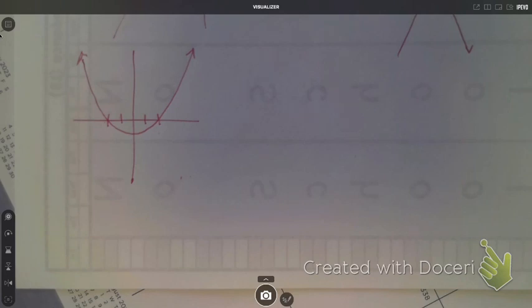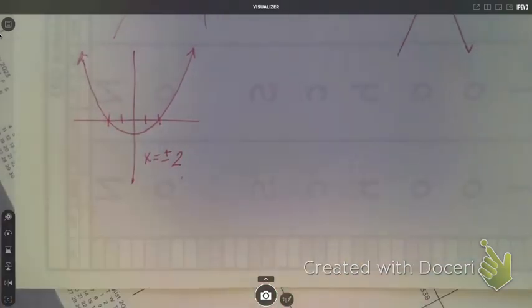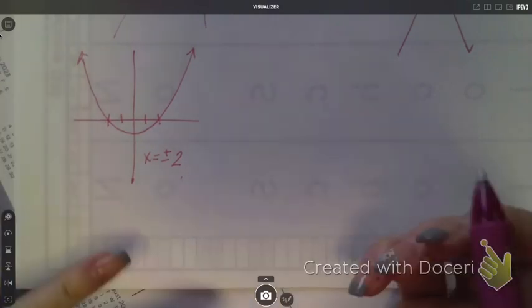Where does it cross the x-axis? 2 and negative 2. It crosses at positive and negative 2, doesn't it? What's the multiplicity? Do you know? No. But it goes through it, so you know it's odd, correct? I know that x equals plus or minus 2, but do I know the multiplicity? No, but do I know it's odd? Yes. How do you know it's odd?